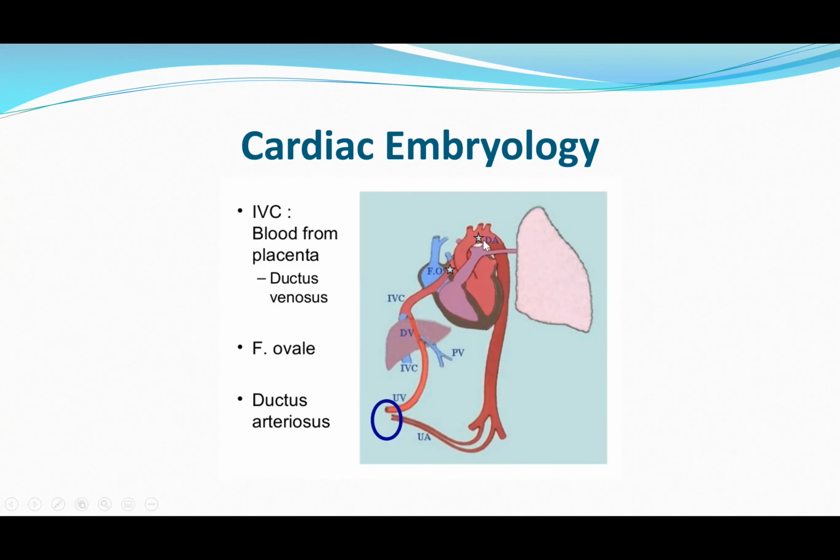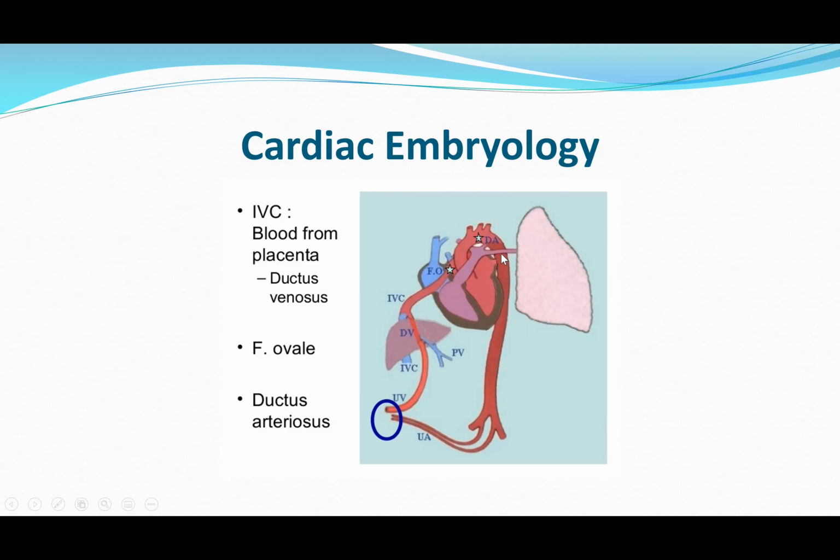Now, the blood from the inferior part of the body coming through the IVC goes over through the fossa ovalis to the left atrium. Blood from the top part, the venous blood, the SVC, and then goes into the right ventricle. And when it gets to the pulmonary artery, because the lungs are a dead space, it is shunted across the ductus arteriosus into the descending aorta.